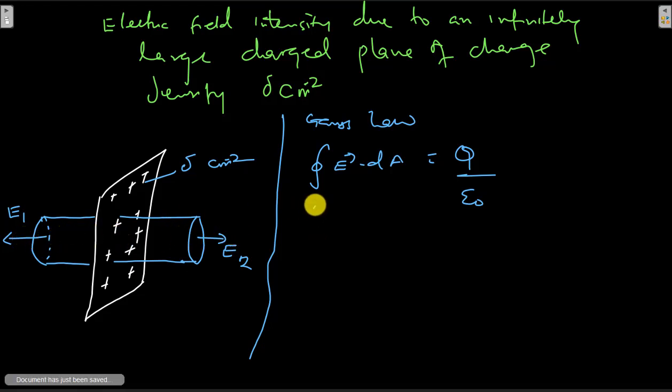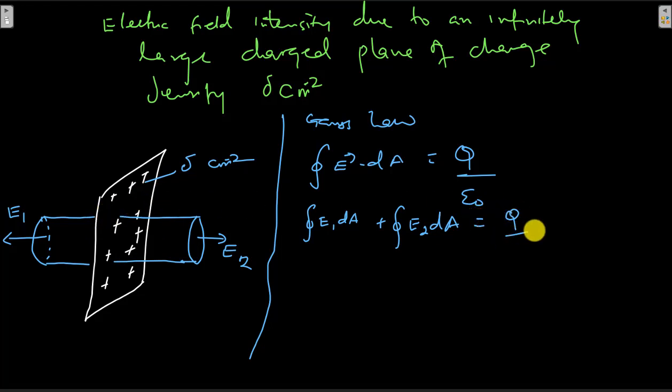So we have the integral of E1 dA plus the integral of E2 dA, that's the total flux penetrating our surface, equals the charge divided by epsilon naught. Let us suppose E1 equals E2, and let's call all this E at once. This is reasonable because this is the same plane, so the electric field to the right and that to the left is ultimately the same.